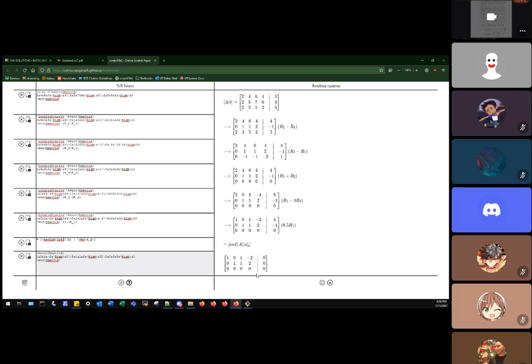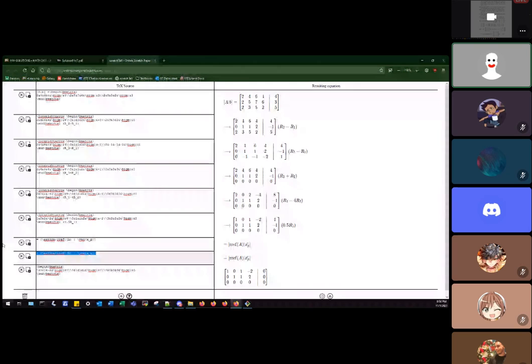Yeah, the extra 0 is necessary because you have 4 columns, and the solution to Ax equals b must have the same size as the row of the matrix. So we found the particular solution, which is 4, negative 1, 0, 0. I'll write that down.